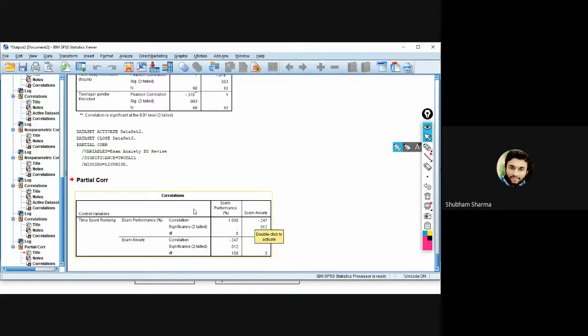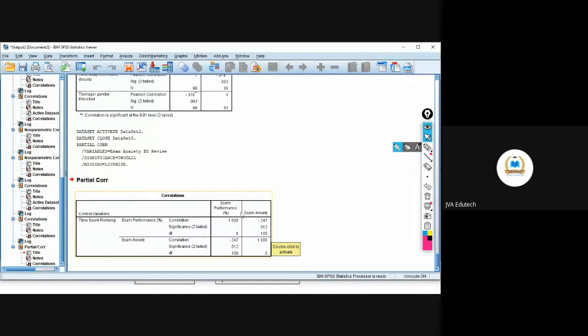So the relationship between exam performance and anxiety while controlling for time spent revising is measured. We found that from a moderate negative correlation, it decreased to a weak correlation. Because time spent revising was affecting this relationship, we controlled it. We made it standard for all the participants. In such a case, we get the relationship between exam performance and anxiety, which is now minus 0.247, or 24.7% negative correlation.